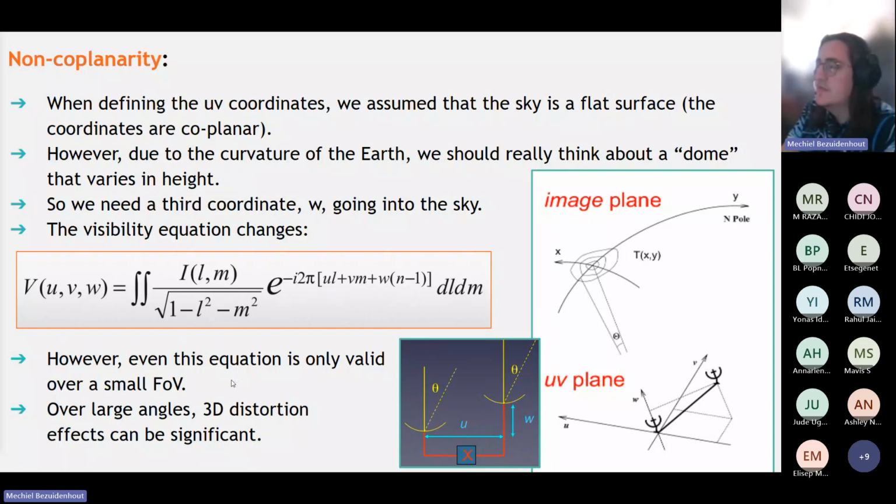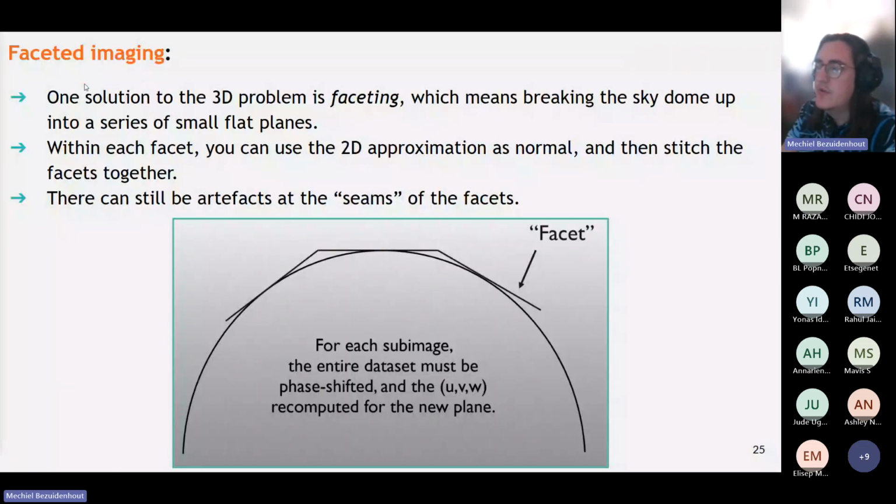So one of the solutions that people use to solve for these 3D effects is called faceting. And that means that you break the sky dome into a series of small flat planes.